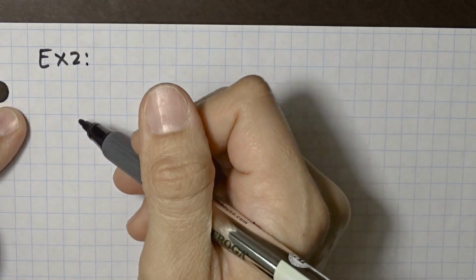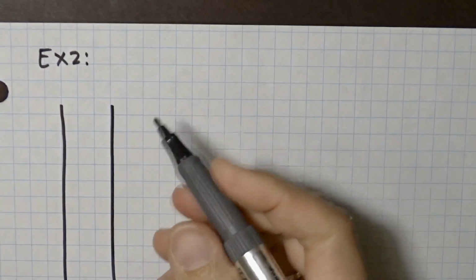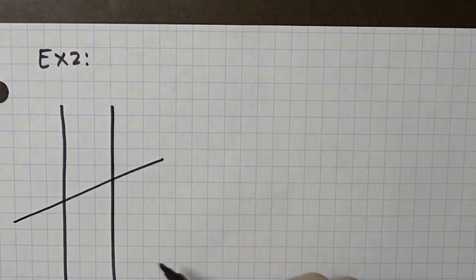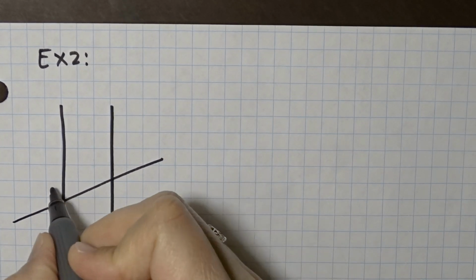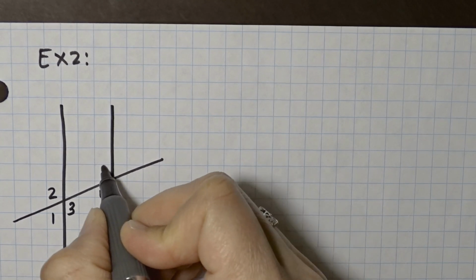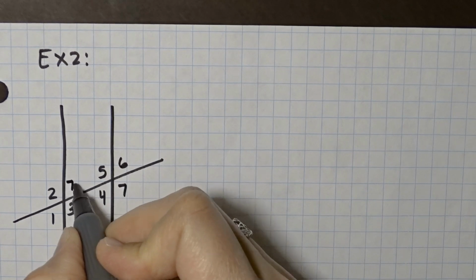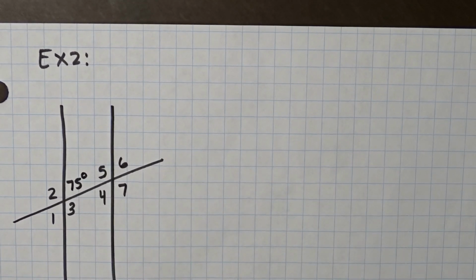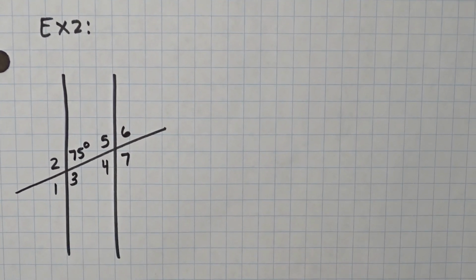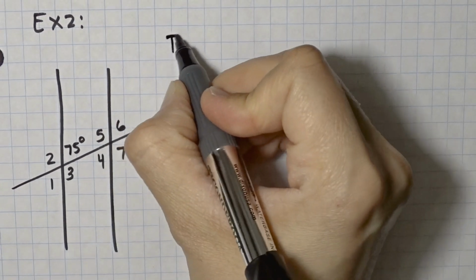And that's also another pair of vertical parallel lines. And we got angle 1, angle 2, angle 3, angle 4, 5, 6, and 7. And this angle is 75 degrees. And we're trying to find all of the angle measures.